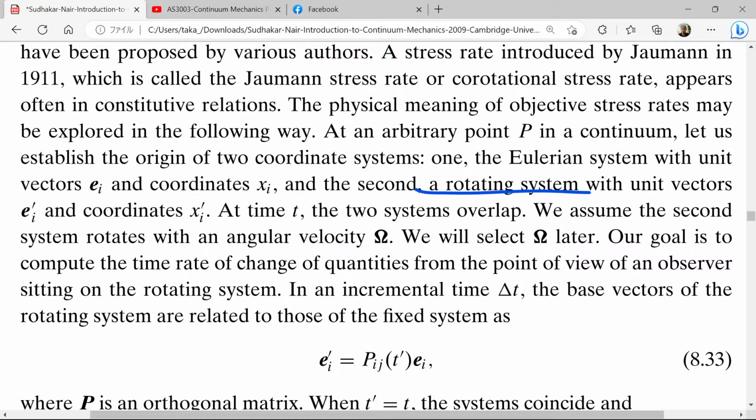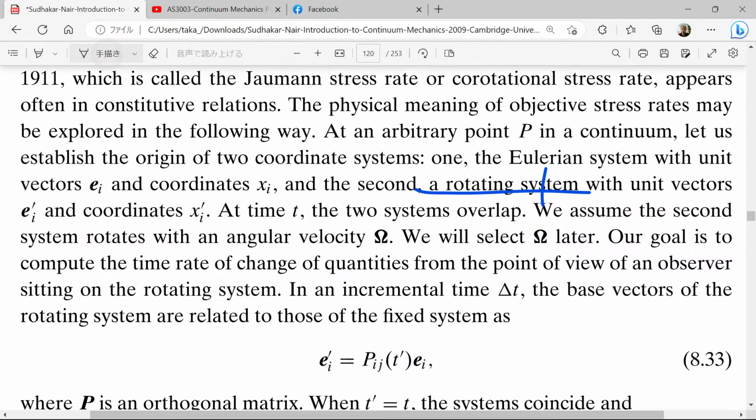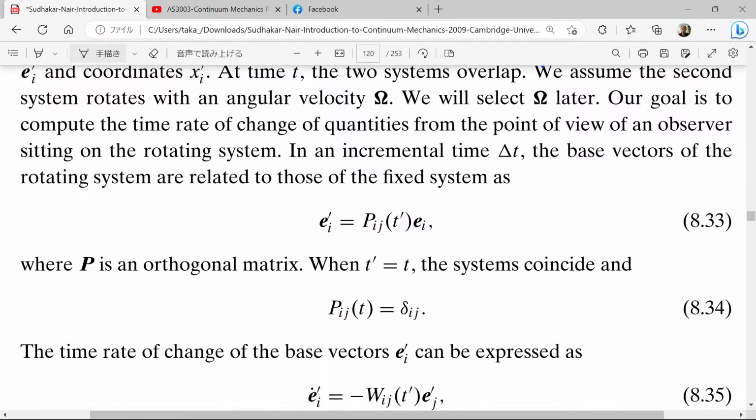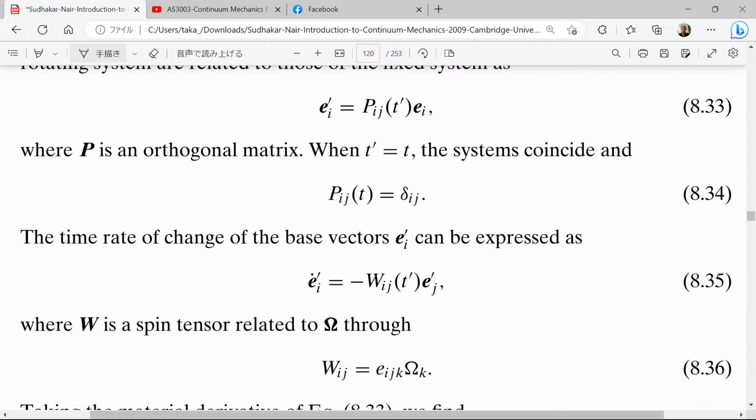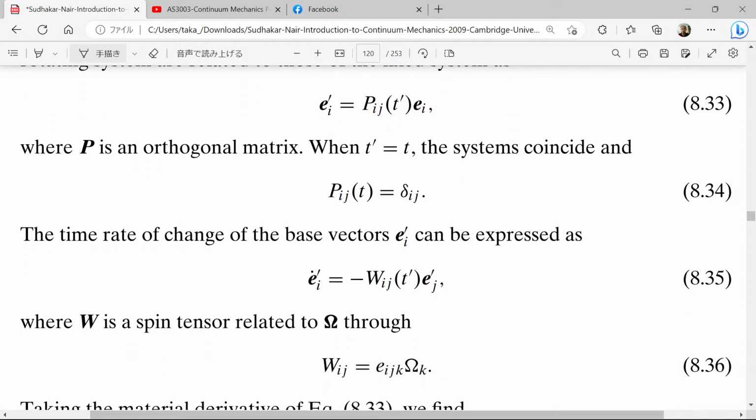In an incremental time delta t, the base vectors of the rotating system are related to those of the fixed system as something like this, where P is the orthogonal matrix. When t' equals t, the systems coincide.